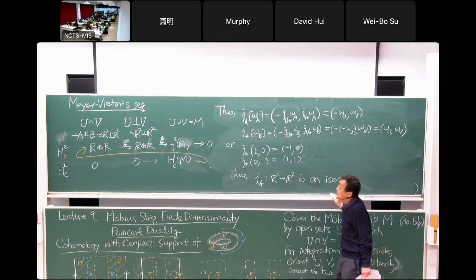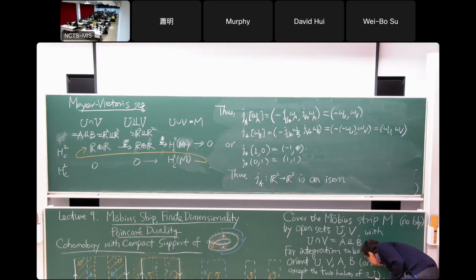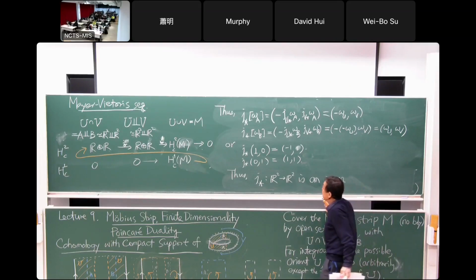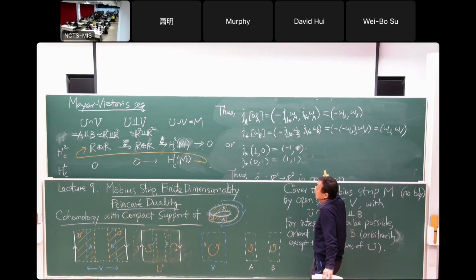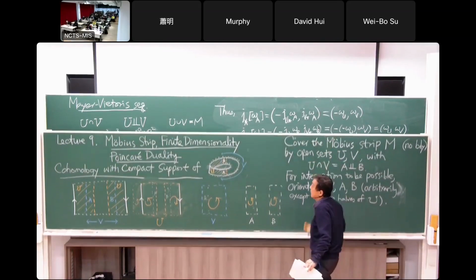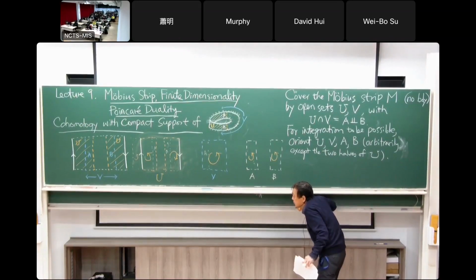And once you know that it's an isomorphism, then the rest is easy. This goes up, and this goes down.